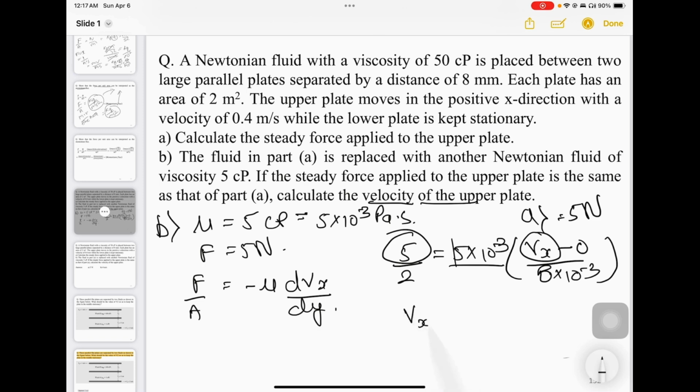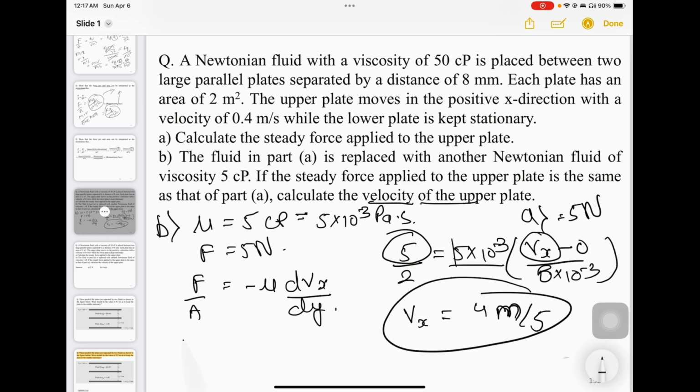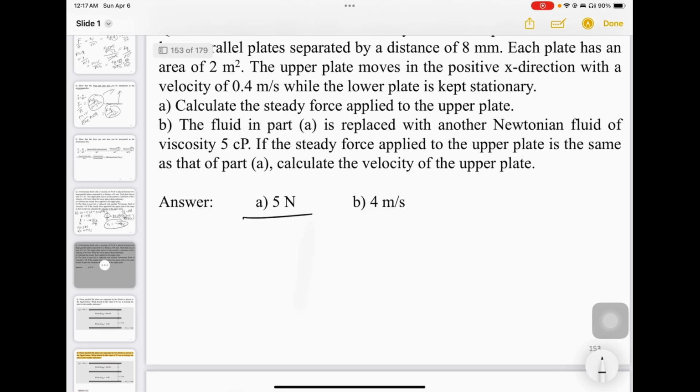So Vx we will get as 4 meter per second. So the final answer for part A is 5 Newton, and for part B is 4 meter per second.